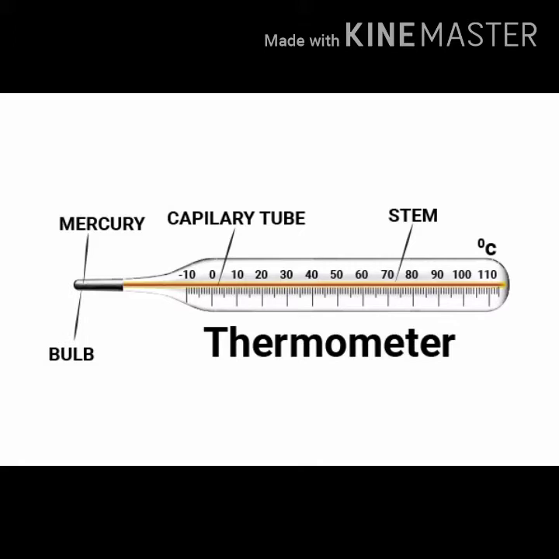In the bulb there is liquid mercury, and whenever there is an increase in temperature, the liquid mercury expands. There we can observe the increase in mercury level. This mercury is filled inside the very thin tube, which is known as the capillary tube.